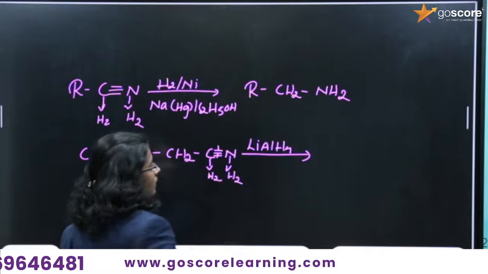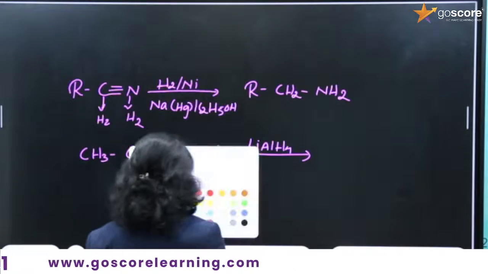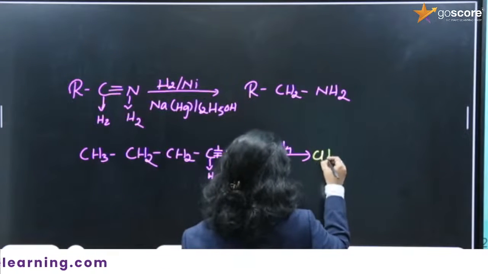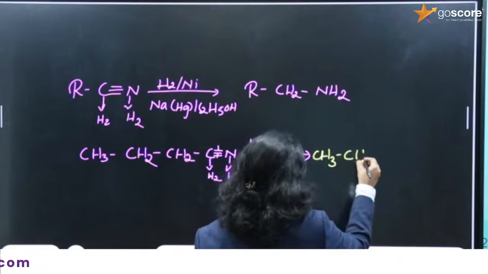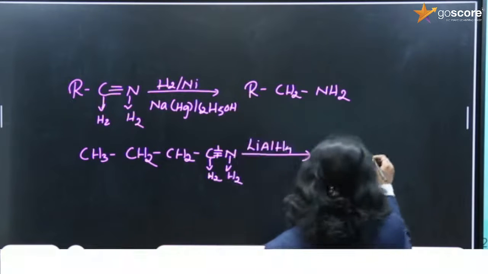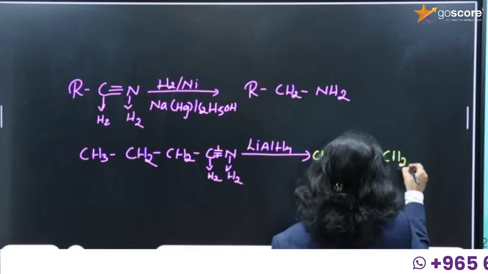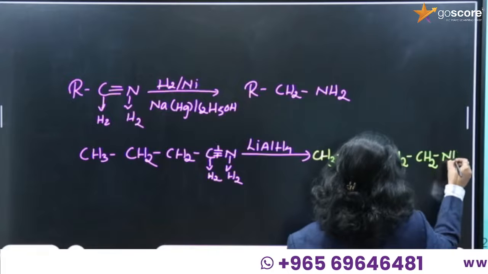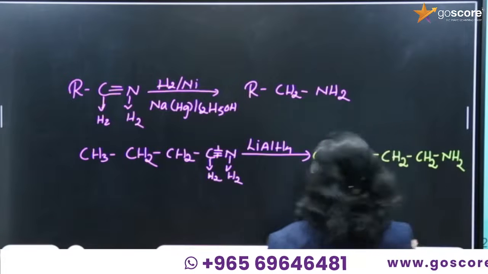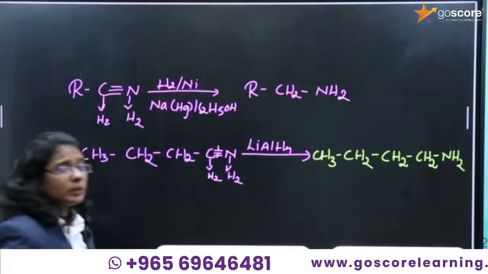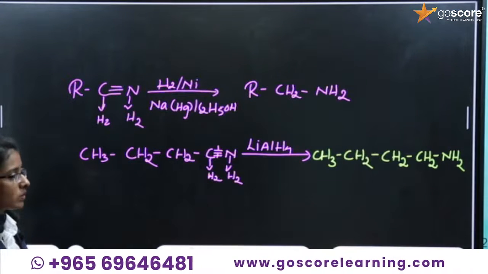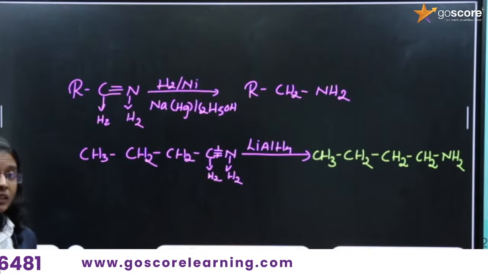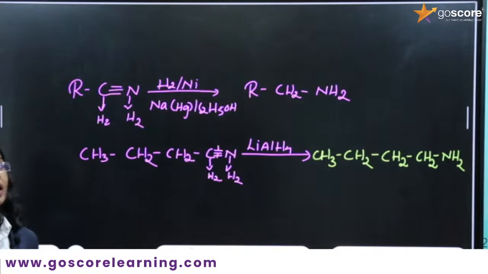Then you will get the product. What will be the product? CH3CH2CH2CH2NH2. So what is the name? What will be the IUPAC name of this compound? That is a primary amine. The naming of primary amine is alkanamine. So the name will be butanamine.